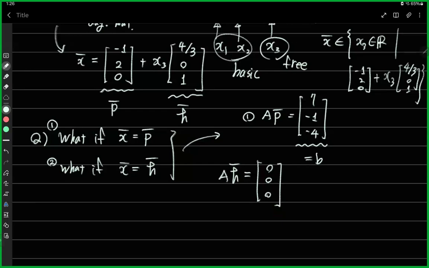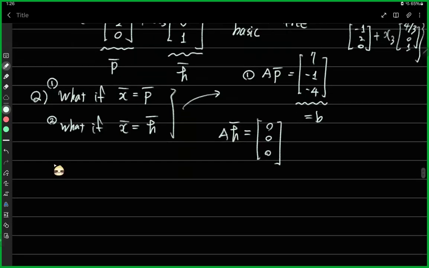So we see that h bar must be what? A non-trivial solution of the homogeneous system. So we solved A times x bar equals b, right? What do the solutions look like? This solution set must include the non-trivial solution.